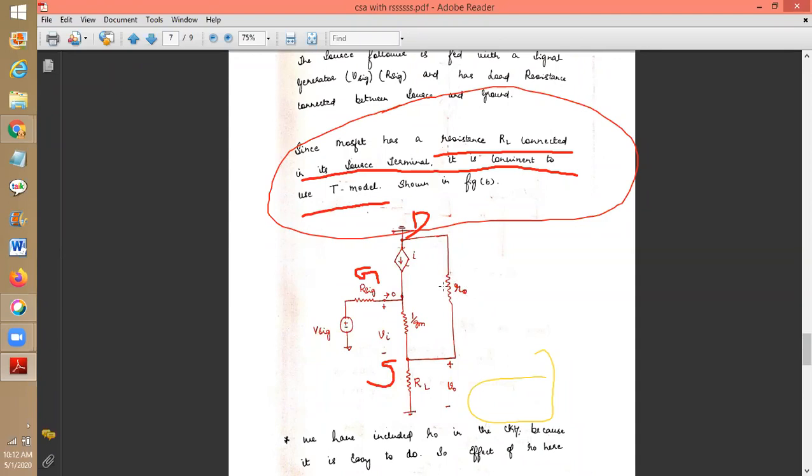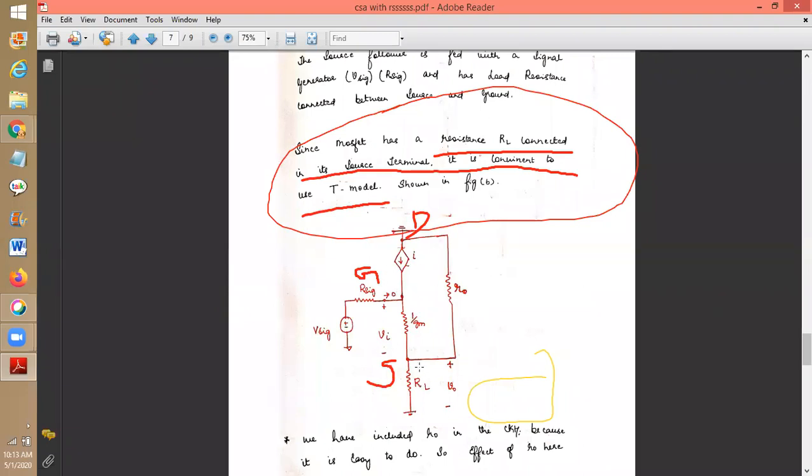Very, very important. This is the resistance R0 that will be connected between drain and source in the T equivalent circuit. In the exam, if they ask you to draw the T equivalent circuit with channel length modulation and without channel length modulation, you have to show the gate, drain, and source terminals, and show 1 by gm, the current source, and the gate.